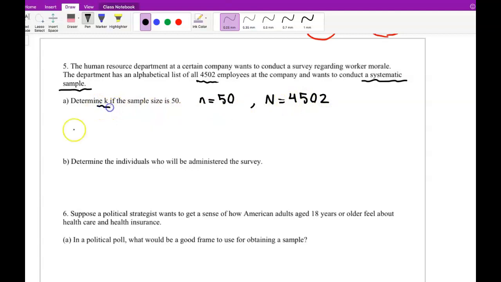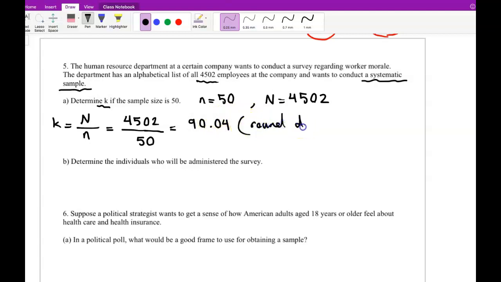Now, find K. K is population size divided by sample size. 4,502 divided by 50 is 90.04. Round down, it's 90.